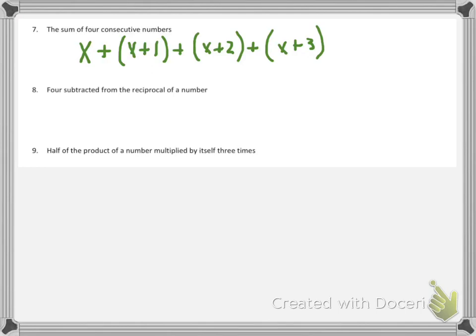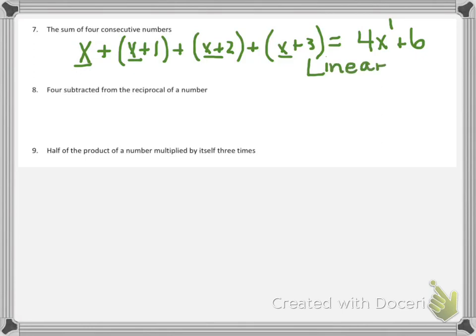Then I can add all of these up. I have 1x, 2x, 3x, 4x's, so that's 4x plus 1 plus 2 is 3, plus 3 is 6. 4x plus 6. My exponent is a 1, so this is linear.